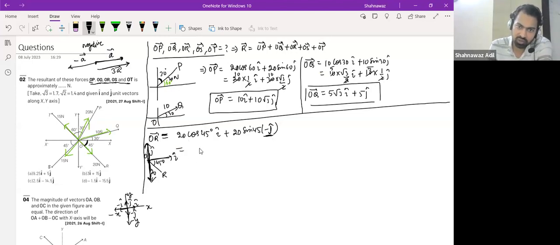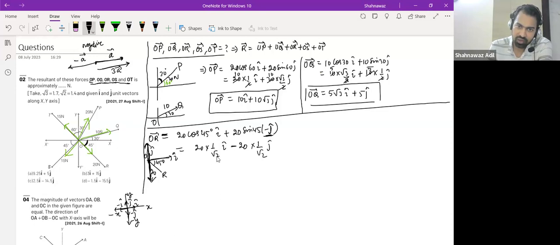So 20 cos 45 gives 20 by root 2. And sine 45 is how much? Yes, absolutely, 1 by root 2.